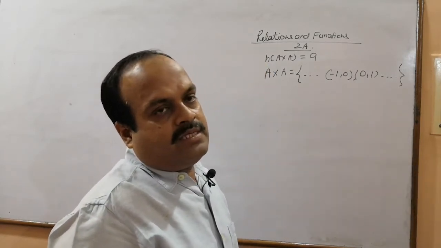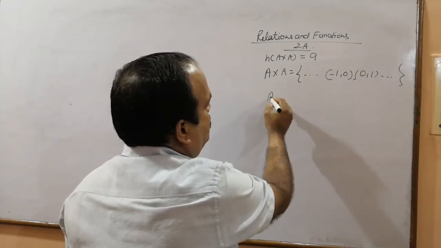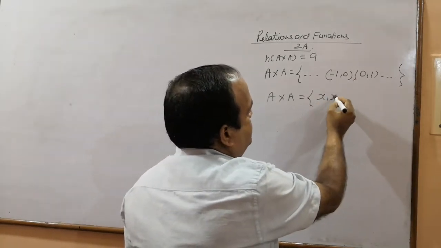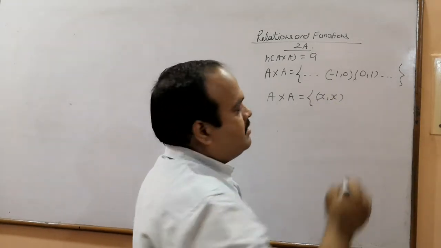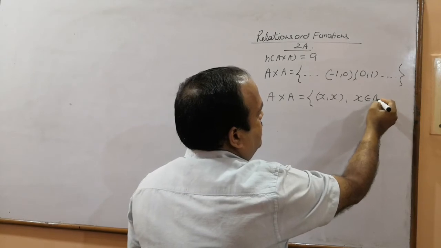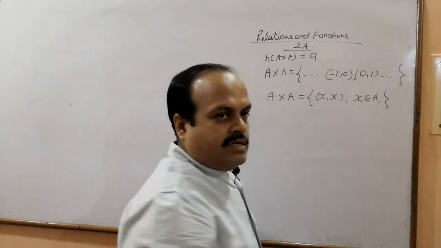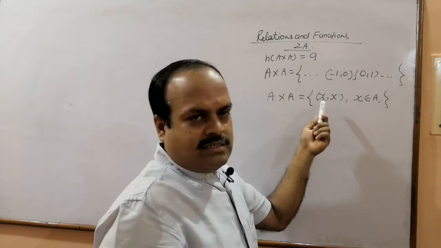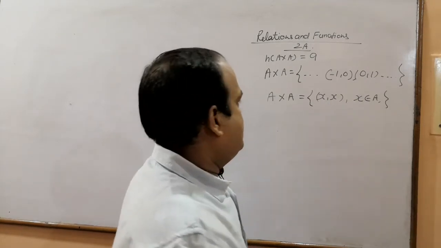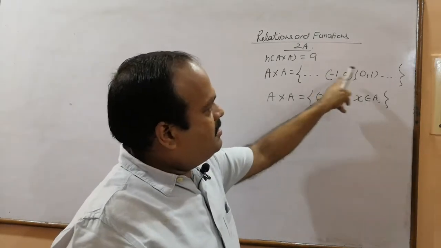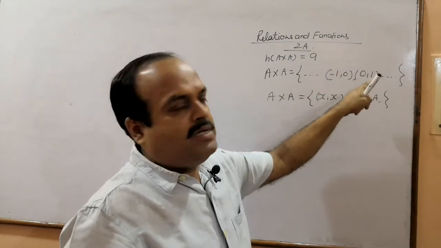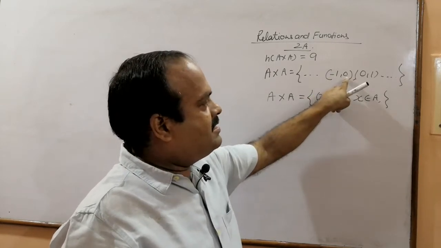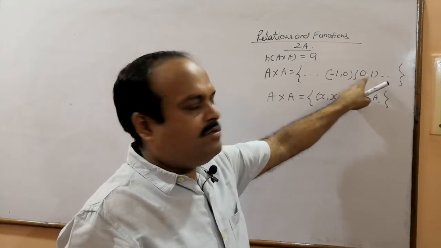Just look at this. I hope you know A cross A will have elements of the type (x, x), where x belongs to A. The first component x belongs to set A. Since the second component is also x, that will belong to the same set A. So just examine the ordered pair elements of A cross A. We have x at the place of x, -1, at the place of this x, 0, here x, 0, here 1.